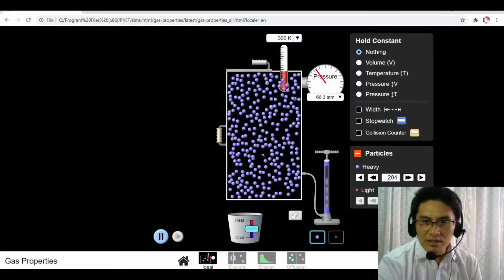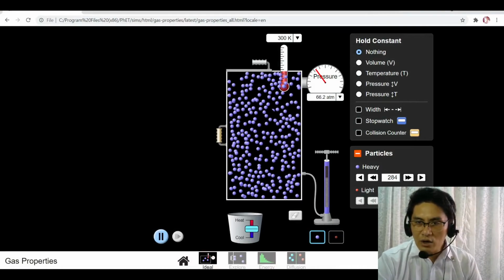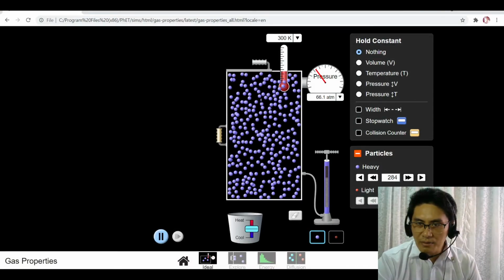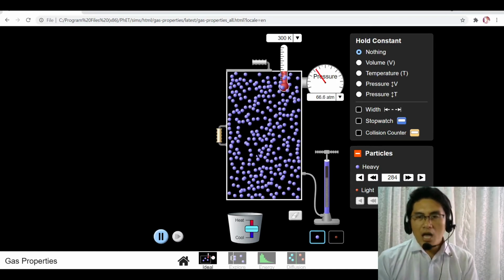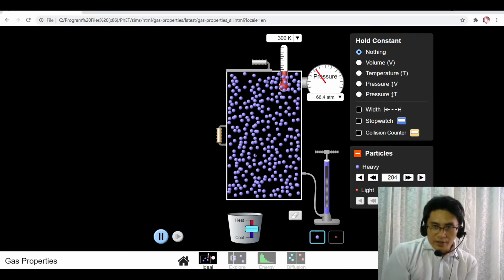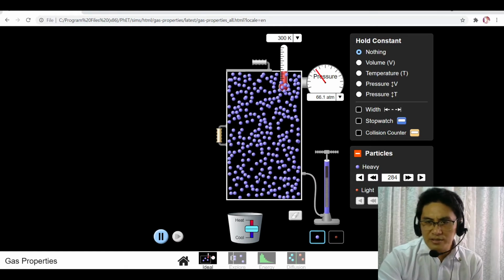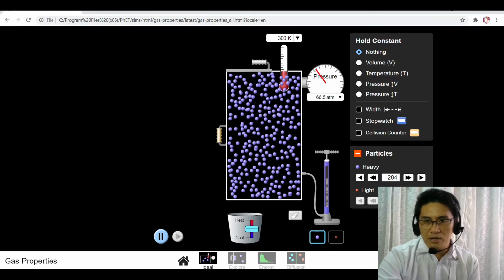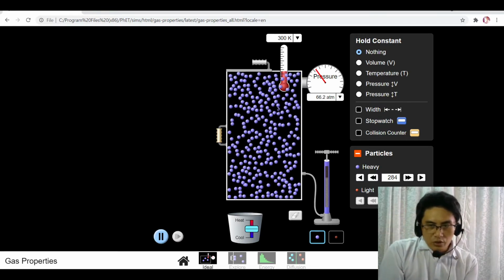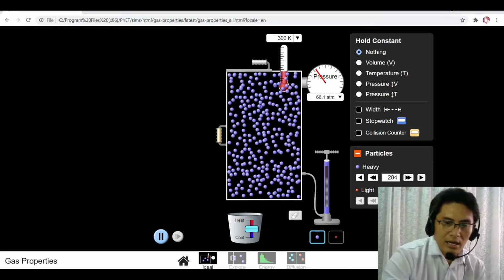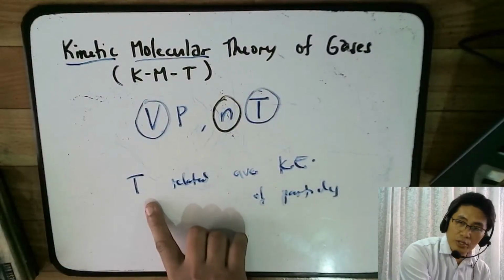You can know the kinetic energy of this particle, and the kinetic energy of that particle, and then you tally all of them and take the average. Obviously there are particles that are moving faster and particles that are moving slower, but if you take the average, that gives you an idea of the temperature.